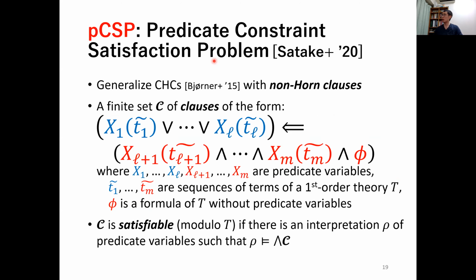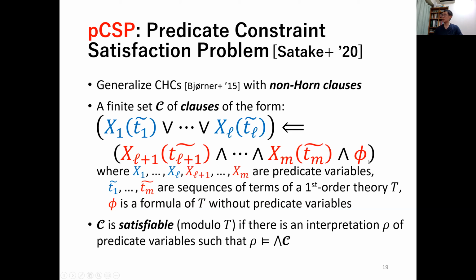This generalizes the well-known CHCs, constraint Horn clauses, with non-Horn clauses. Formally, a pCSP is a finite set of clauses of this form, where these x's are predicate variables, t's are a sequence of terms, and phi is a formula without predicate variables.